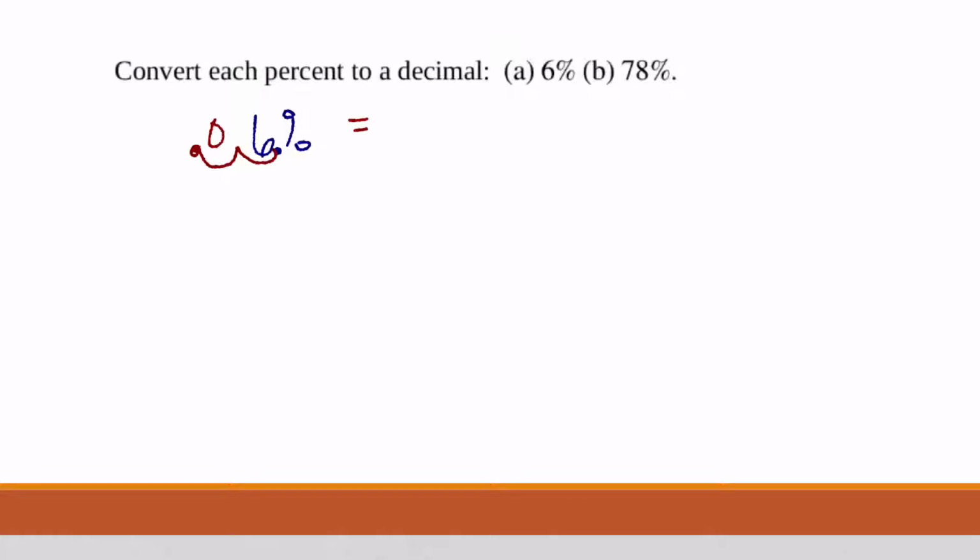So 6% actually turns into 0.06. Now 78%, the decimal is right there after the 8, so you have to move it to the left 2 places.